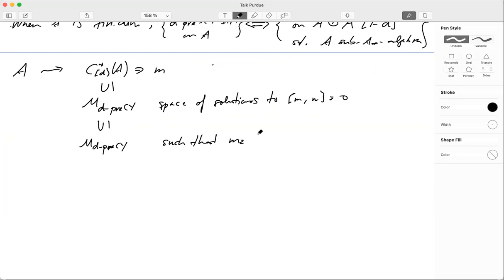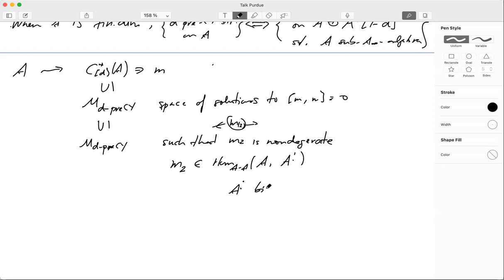So M2 was this thing with 2 outgoing legs. I didn't explain to you how to define this non-degenerate condition, but the point is that M2 lives in some space that can be identified with homomorphisms of A bimodules between A and some kind of dual of A. So this is a bimodule dual of A.